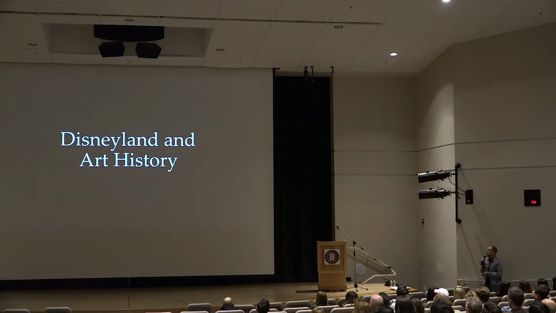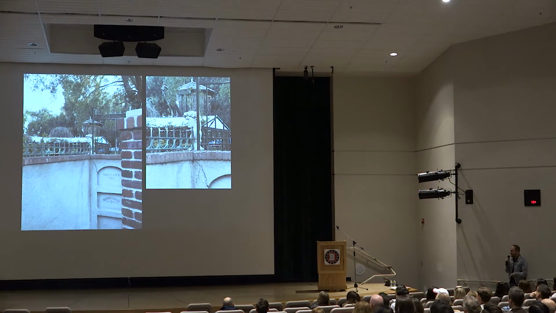So now I want to run through some of the stereotypes of what you would think I would be doing when thinking about Disneyland as an art historian. And of course, the first one is, I think a lot of students expect me to pick out every work of art and every citation in the park and tell them what it means, which I will point out if it is necessary or important.